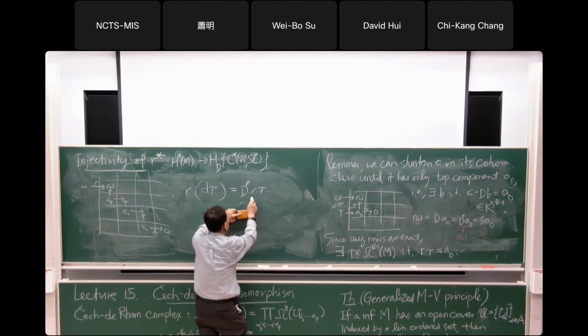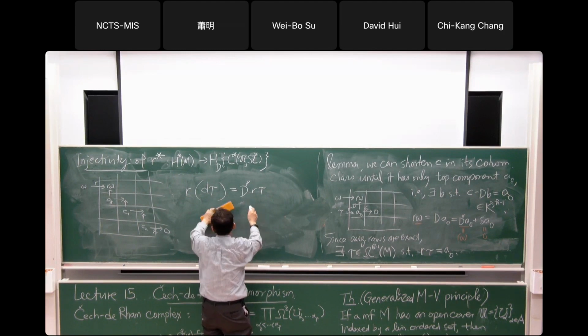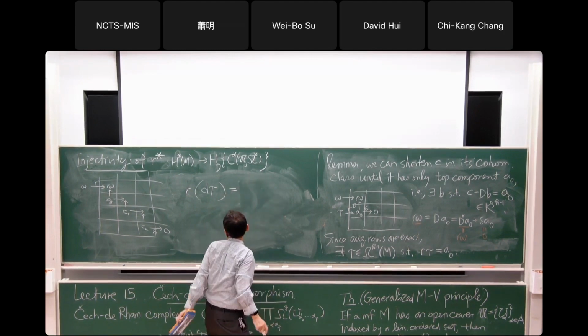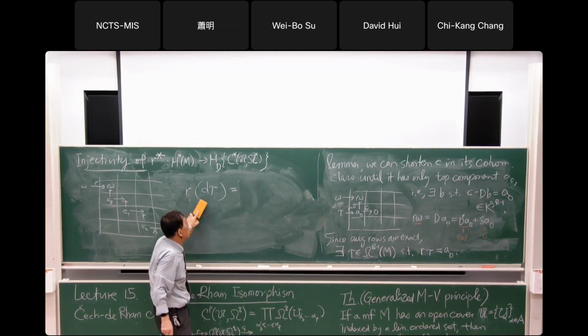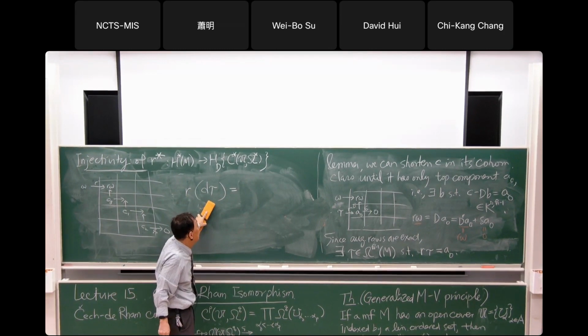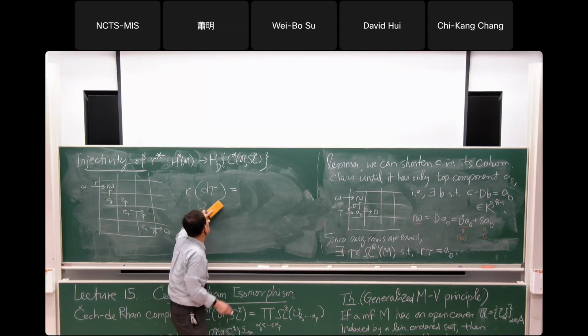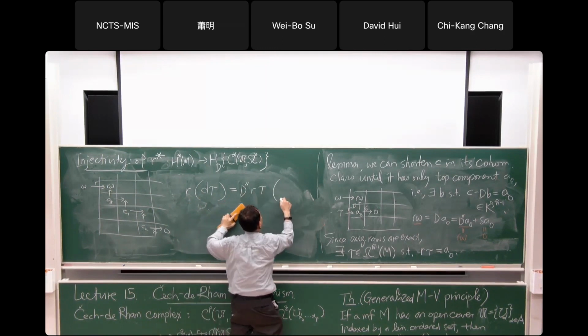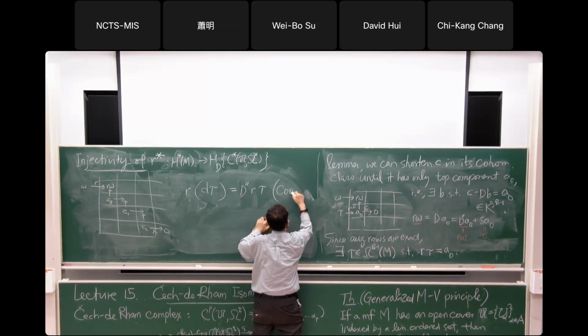Okay, but the restriction commutes with D double prime. R D tau. Oh, okay. So the commutativity of the diagram says that this is D double prime R tau, by commutativity.